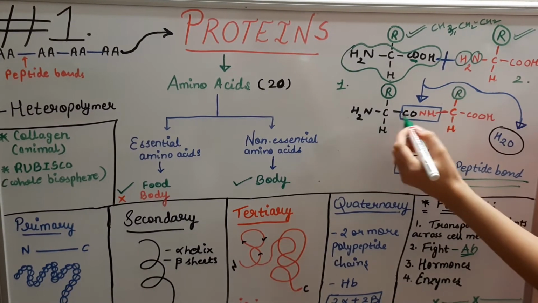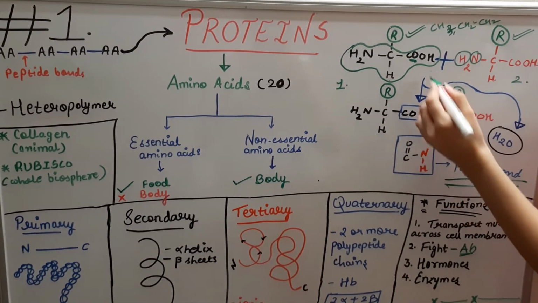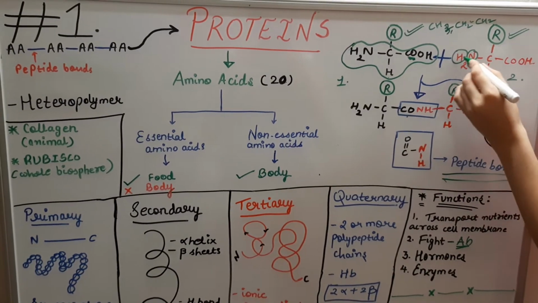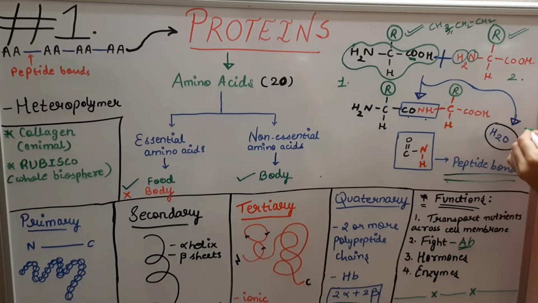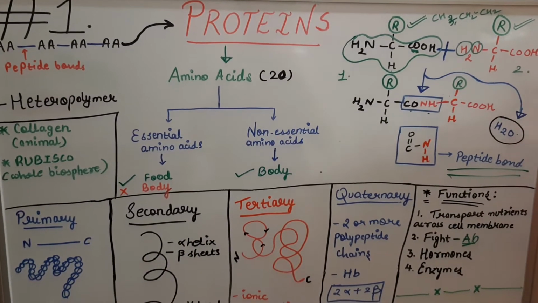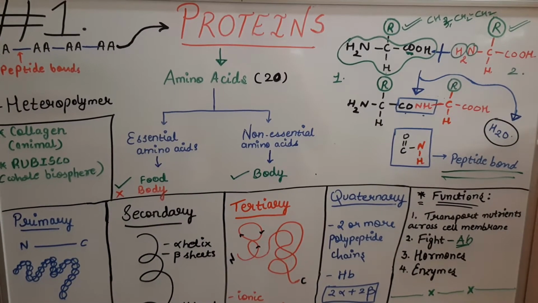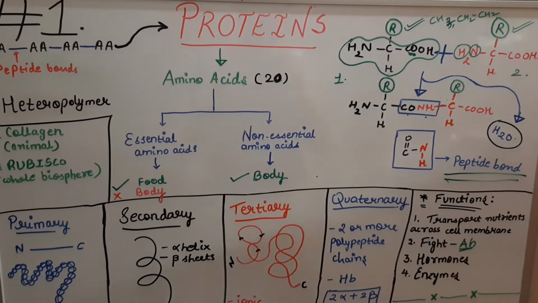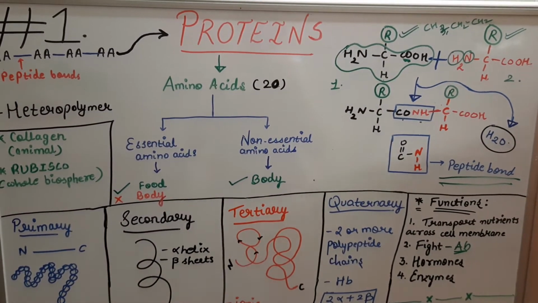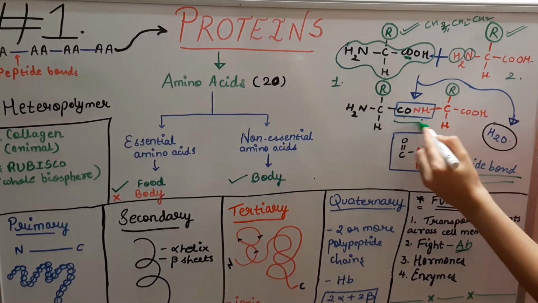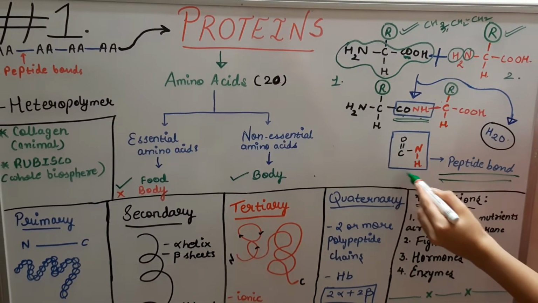See here, CO of this amino acid and NH of this amino acid form the peptide bond by the removal of water. So, this reaction is called a dehydration reaction, or it is also known as formation of the peptide bond. Okay, one and the same. So, this is what is called the peptide bond.